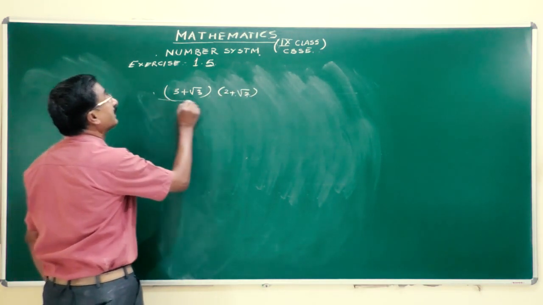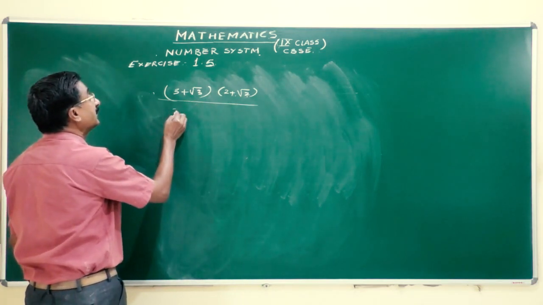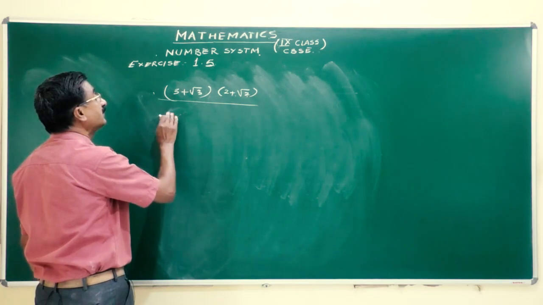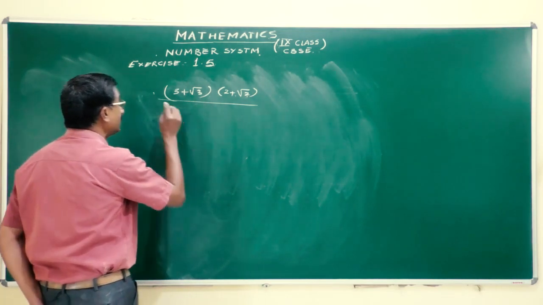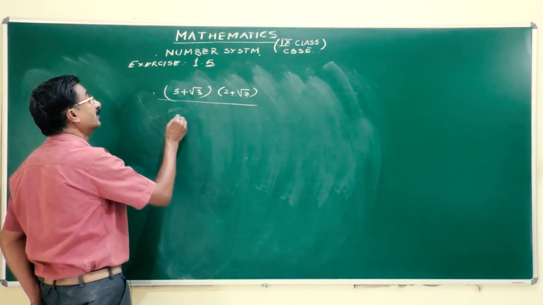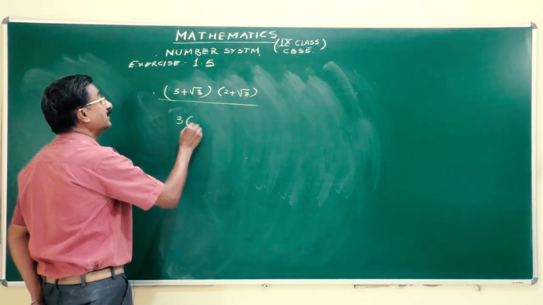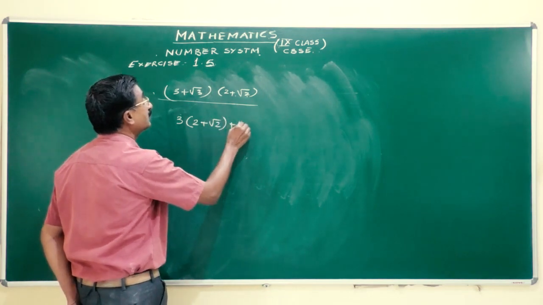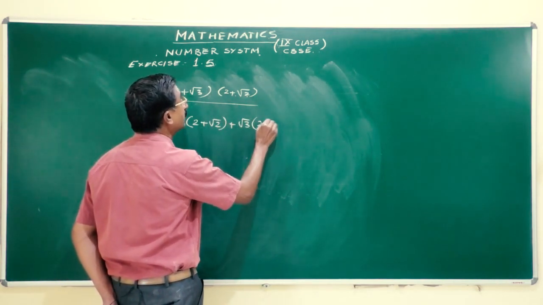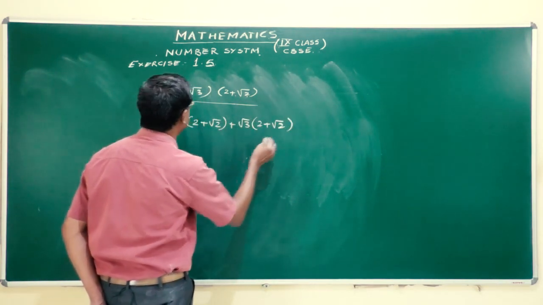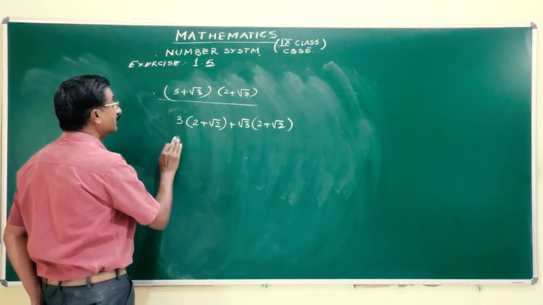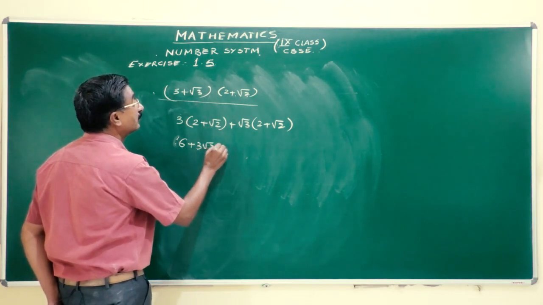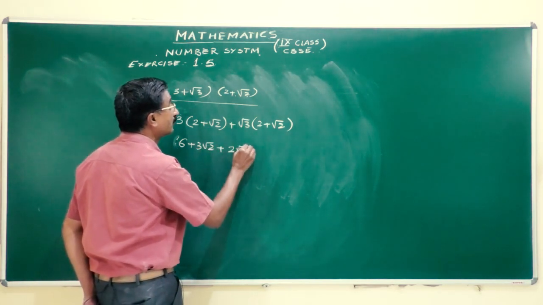You have to simplify, meaning which identity you have to use, that is a plus b into c plus d. So 3 multiplied by 2 plus root 2, plus root 3 multiplied by 2 plus root 2. So that is 3 twos are 6, plus 3 root 2, plus 2 root 3.